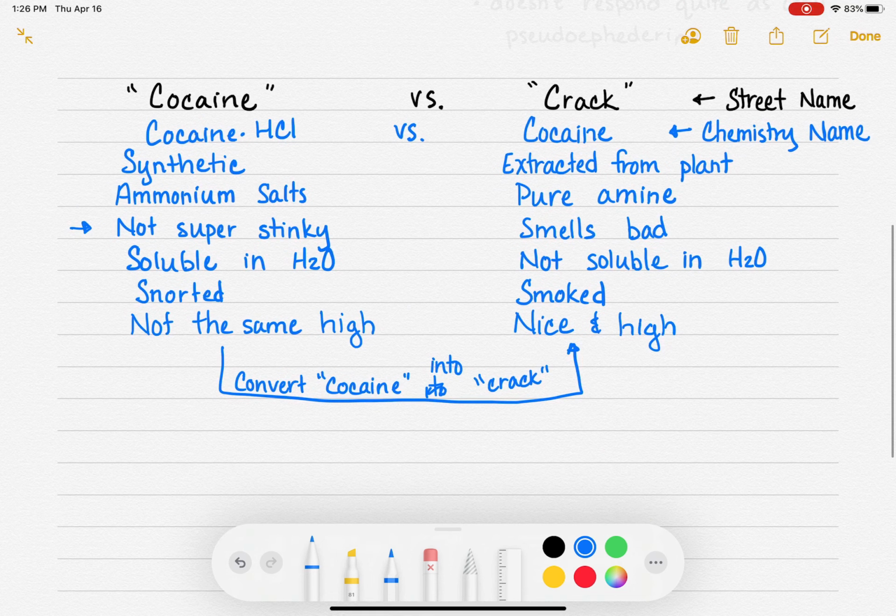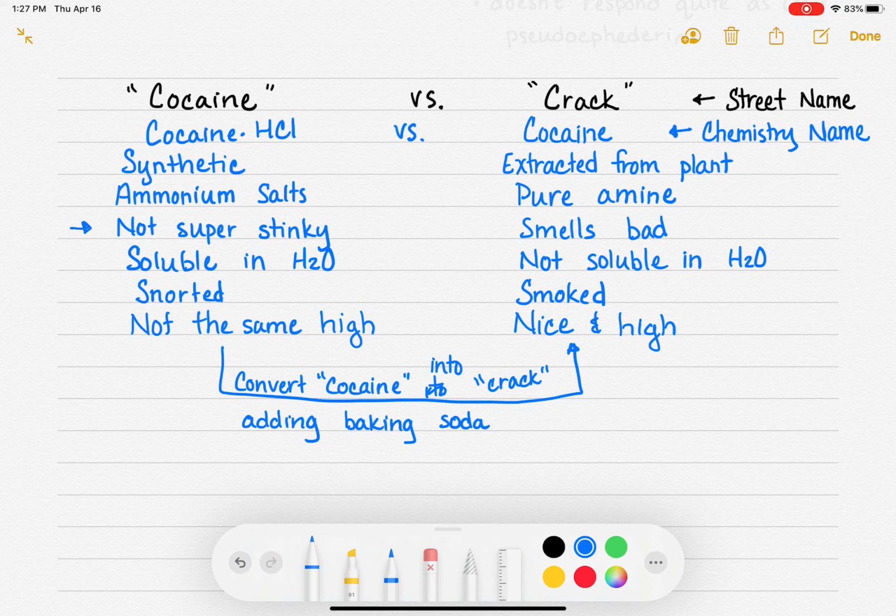The conversion process is super simple. There's a couple different ways that people can do it, but mostly it involves just removing that hydrochloric acid. Usually people will do that by adding baking soda, which is a base. So they'll make like a paste of baking soda with water.